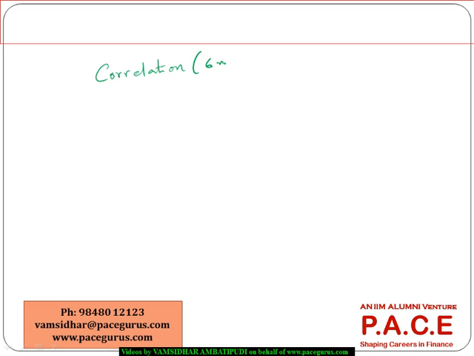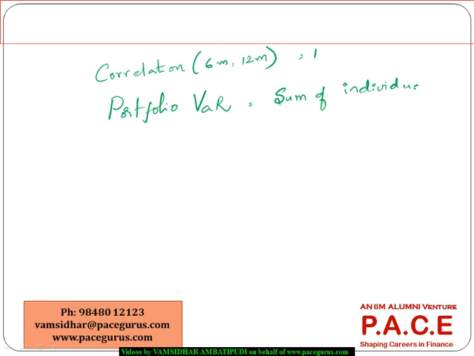Probably 6-month and 12-month. If there is a perfect correlation, then probably the easier way is the portfolio VAR. Perfect correlation means if it is equal to 1, then we can very well say the portfolio value at risk is the same as the sum of the individual value at risk, or the other way to simply put it, this is the same as the undiversified VAR itself, right?